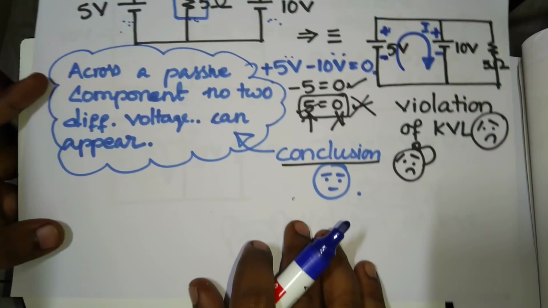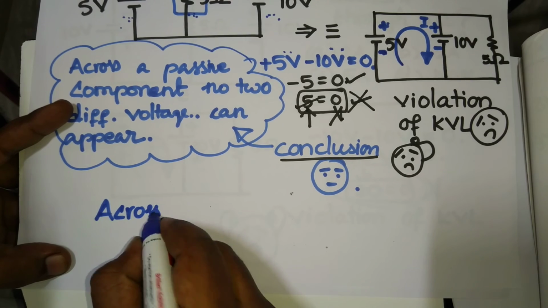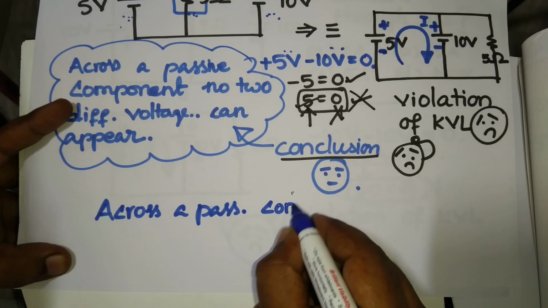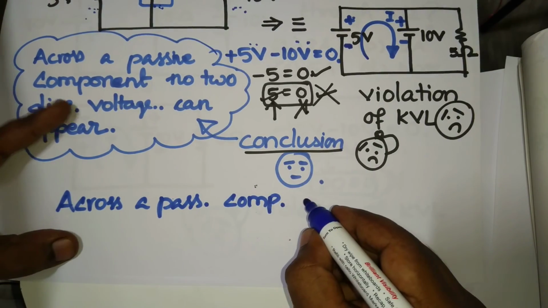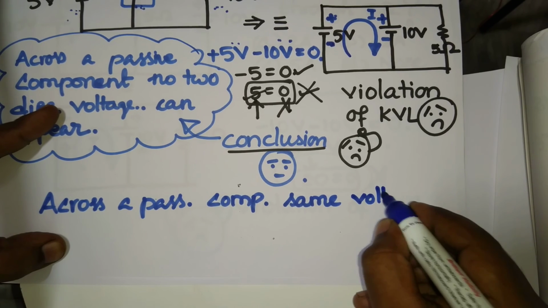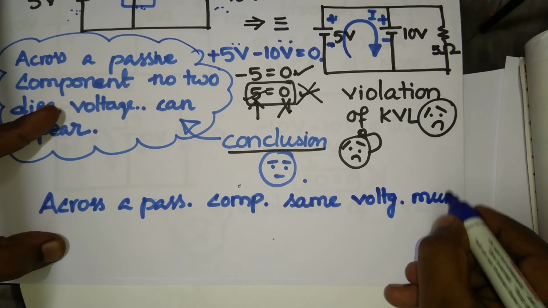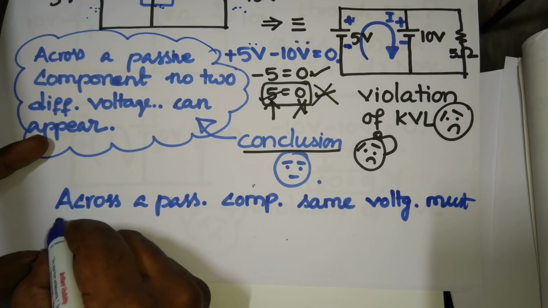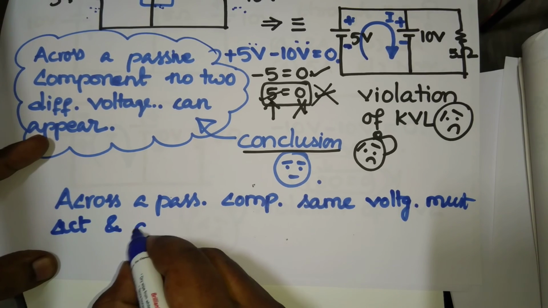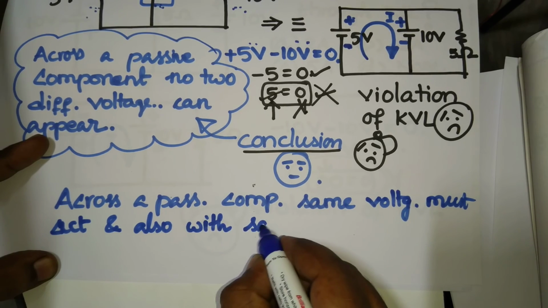That means if at all there is a situation, the same voltage sources must act across a passive component, and also with the same polarity.